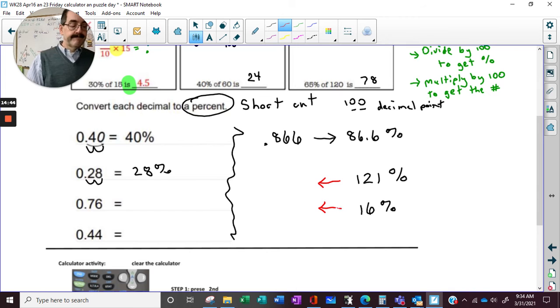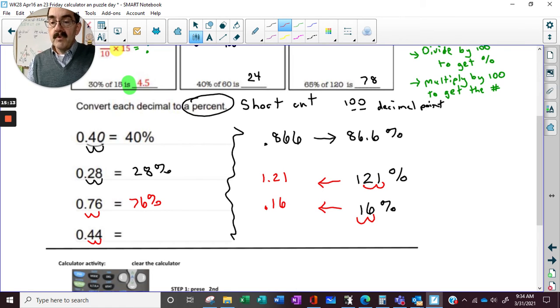What do you get? Pause the video and you try. I'm going to move it over 1, 2, 1.21. 0.16. And on these you move it over twice, 76%. Move it over twice, 44%.